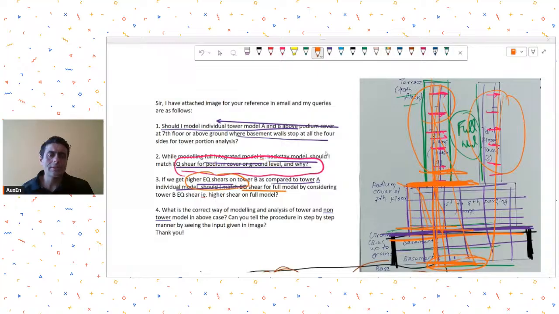Also remember that in such cases, wind might be the more governing criteria, and in such cases you will be doing some wind tunnel testing, and you will be getting individual forces from there. So these types of structures without wind tunnel should not be done.